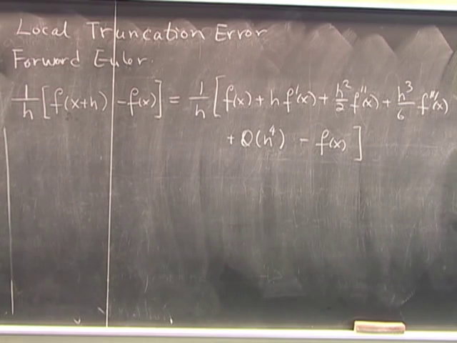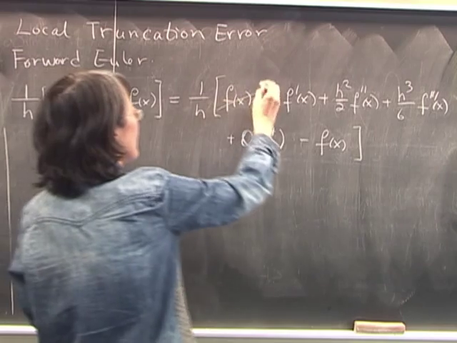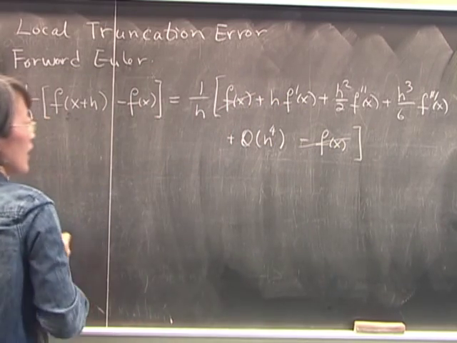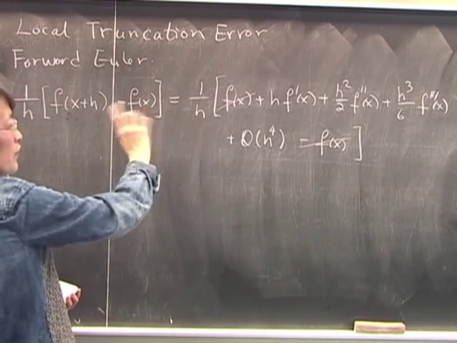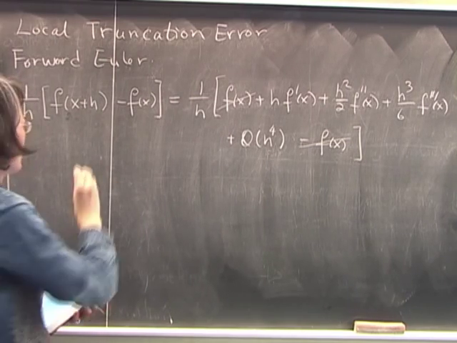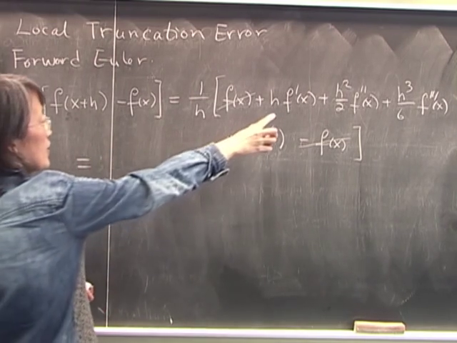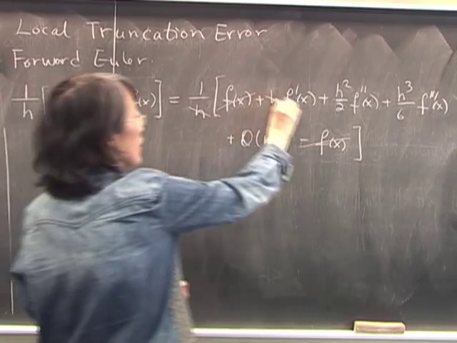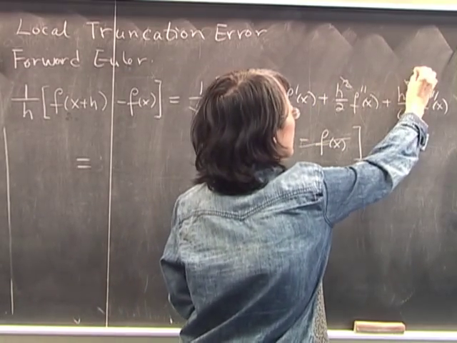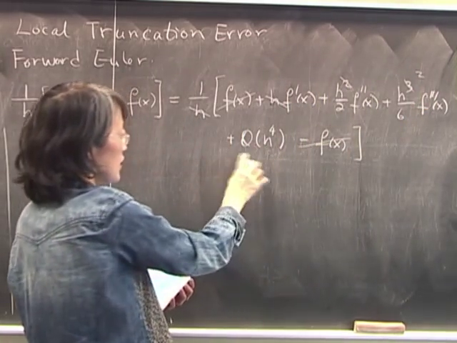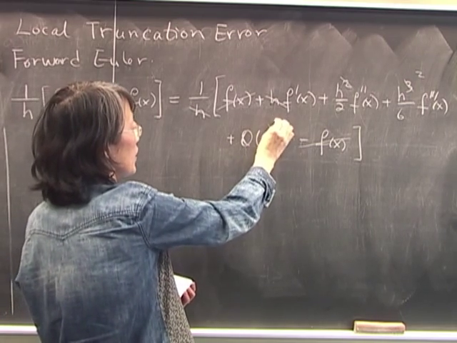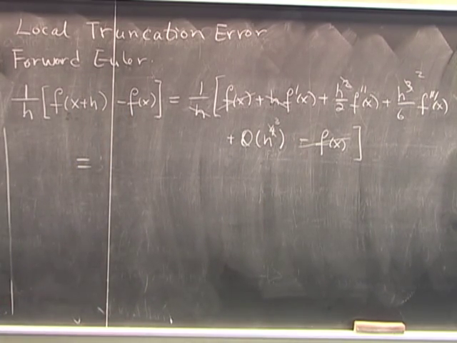Is that right? Okay, I just copied. Some cancellations: this cancels that. And I can distribute 1 over h onto every term. So what do I get? This h cancels. All the h is reduced by power 1. This is c times h to the fourth, and now becomes h to the third, right?